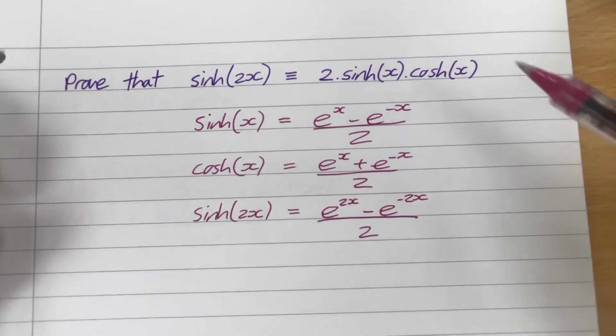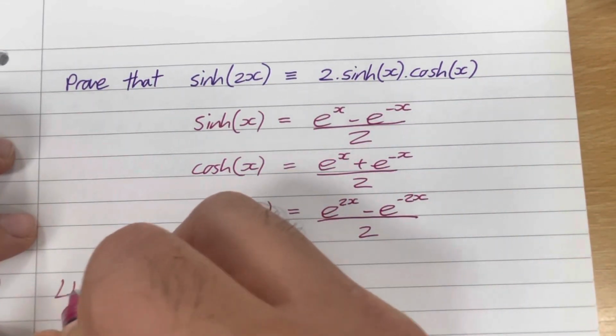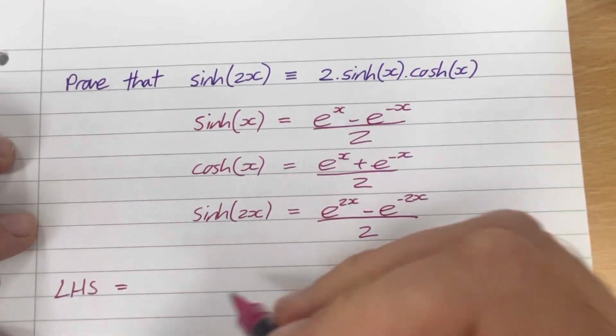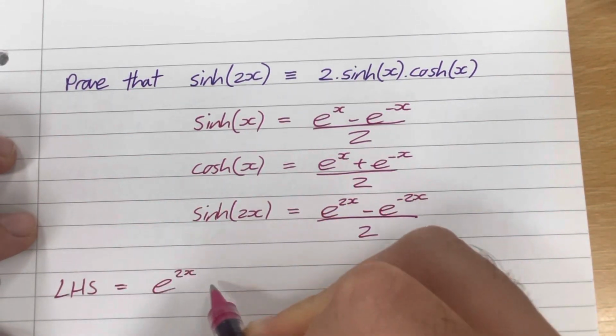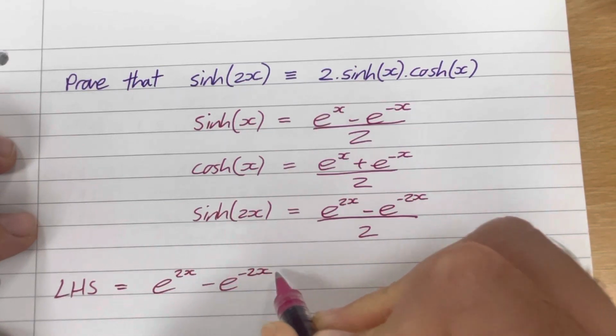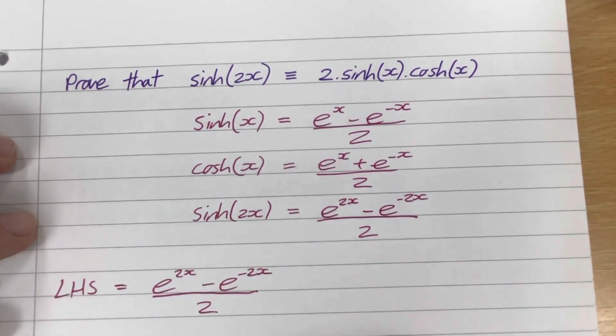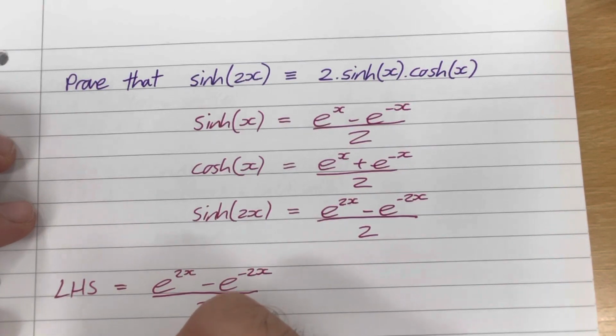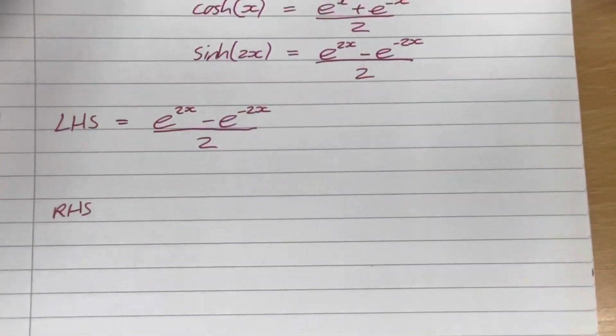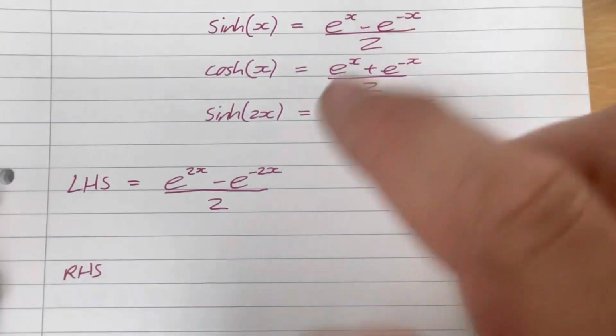Simple as that. Okay, so the left-hand side then is equal to e to the 2x minus e to the minus 2x all over 2. The right-hand side is the product of those times 2.